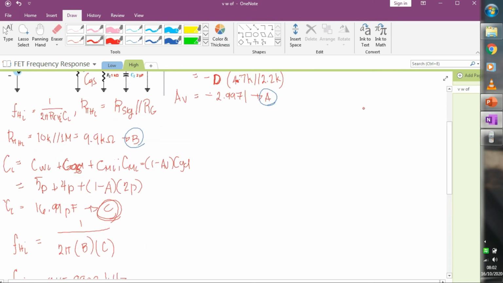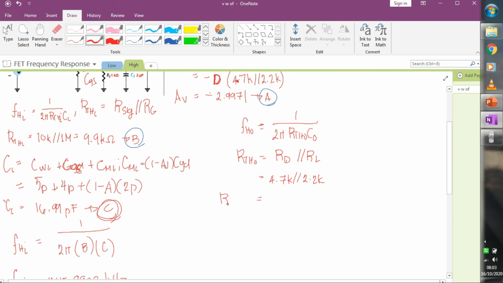Now, for the value of FHO, that is equal to 1 over 2 pi RTHO times CO. RTHO is equal to the parallel combination of your drain resistance RD and your load resistance RL. So that is equal to 4.7K parallel 2.2K.